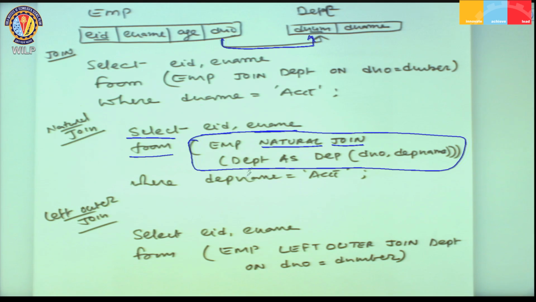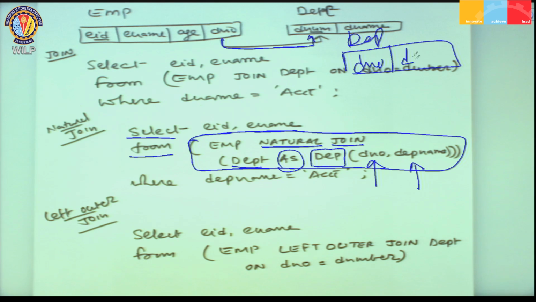Natural join with what? Department. As it is, I cannot perform a natural join with the department, but I need to modify the department and consider it in a different shape. So the department, as I am giving it a different name, DEP, and now DNUM will become DNO and DNAME will become DEP name, that is, department name. Now the new shape of this department will be DEP, and then DNO and then DEP name.